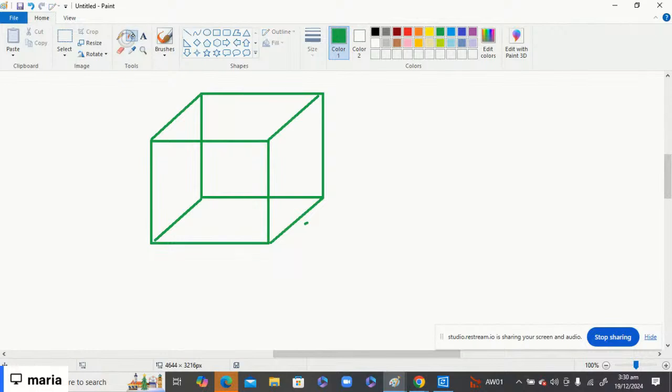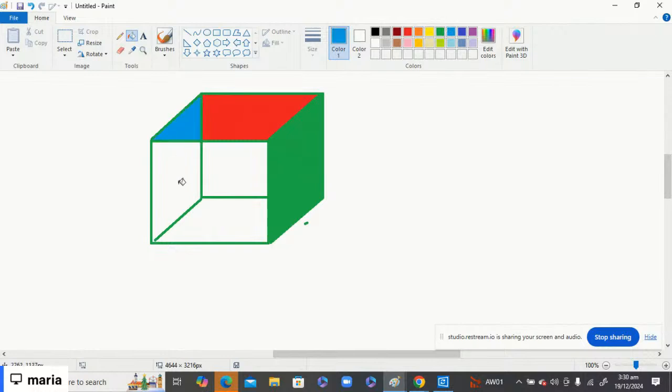So the first is, this is one, and then it's two. Okay. And then the one behind this is three. Okay. Like how this one and this one.